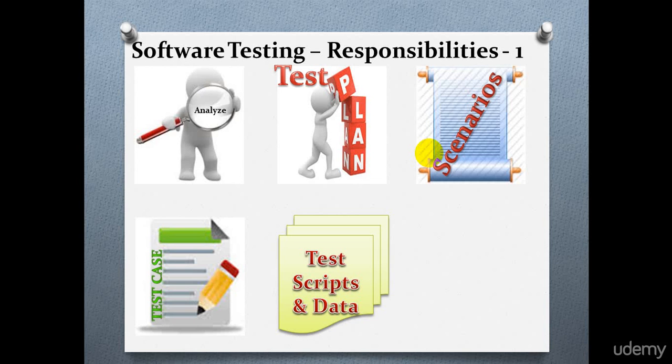Test data may be provided by the client, or if it is necessary, testers have to prepare the test data. During the execution of test cases, testers use test data and test the application. And also, we have to make sure that test environments are also available for the testing.